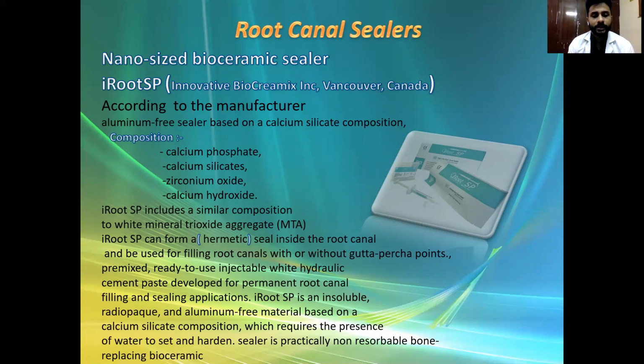Pre-mixed, ready-to-use injectable white hydraulic cement paste developed for permanent root canal filling and sealing application. iRoot SP is an insoluble, radiopaque, and aluminum-free material based on a calcium silicate composition, which requires the presence of water to set and harden.